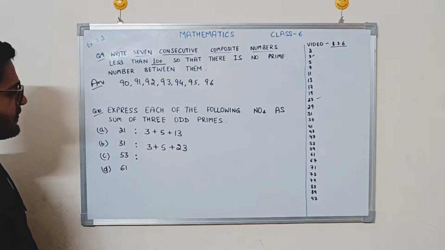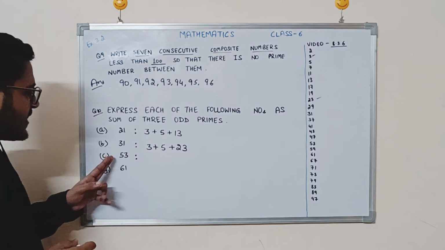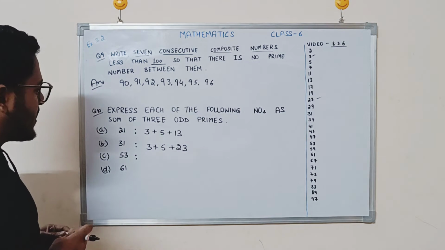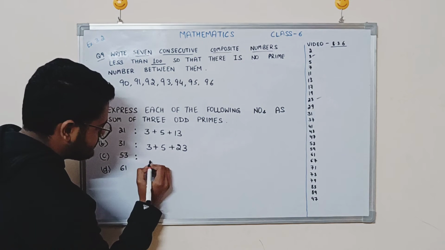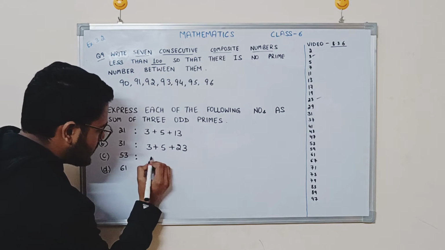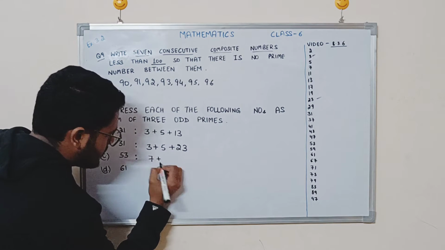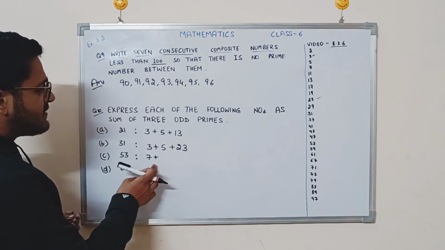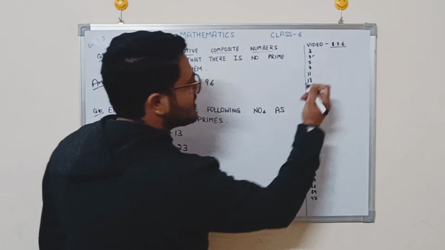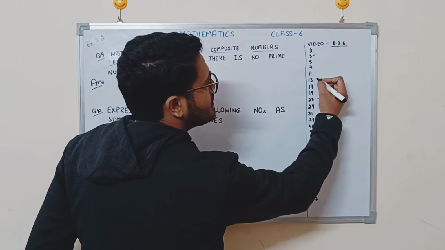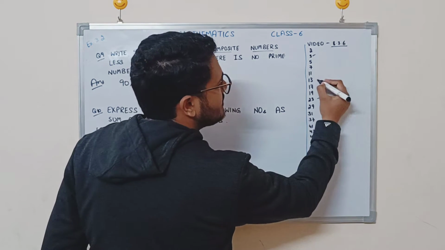Okay, now we have 53. As the number is big, let's not try with 3. Let's try with 5 or 7. Let's say we take 7. After 7, let's take 11 or 13. Let's try with 13.